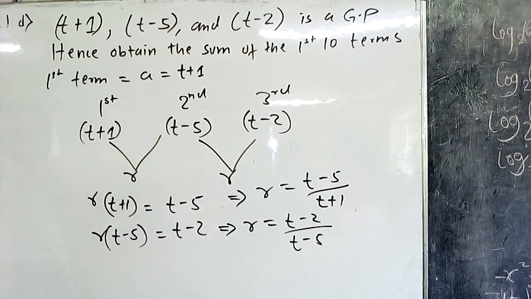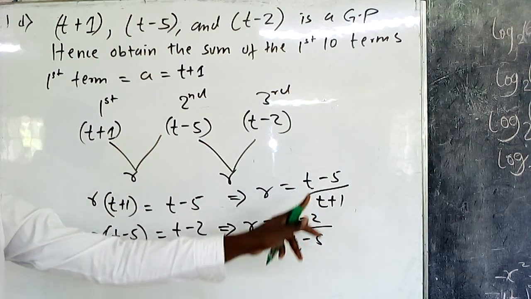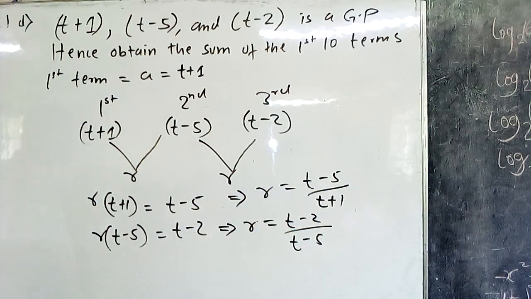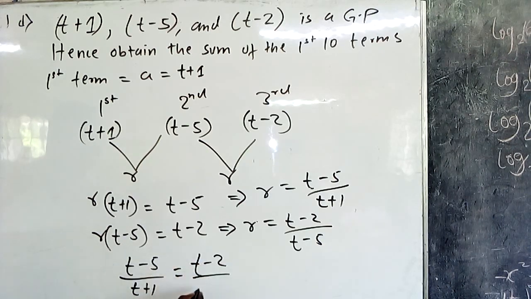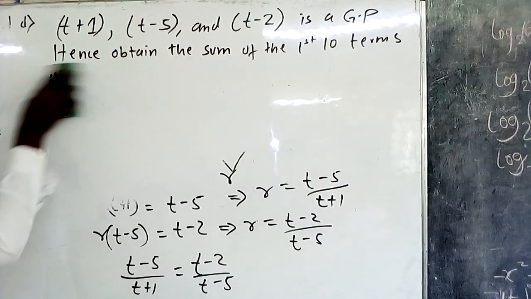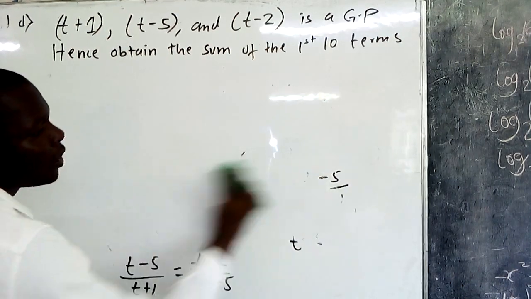Since r is the same, you equate the two equations, and you get t minus 5 over t plus 1 equals t minus 2 over t minus 5. You now solve that equation to get the value of t.